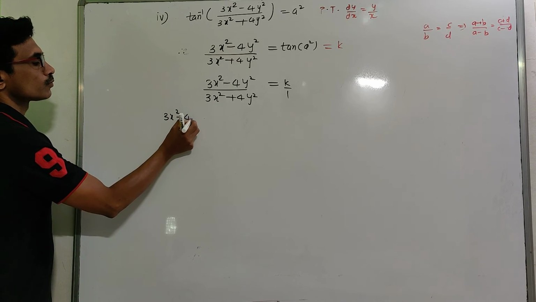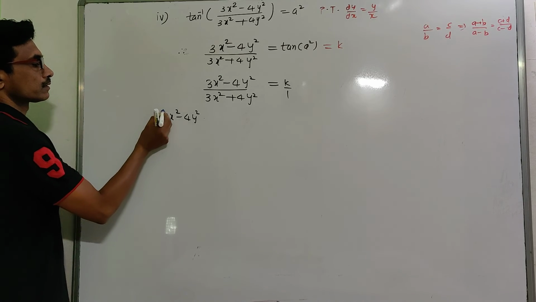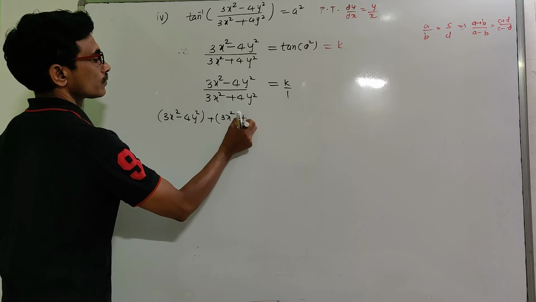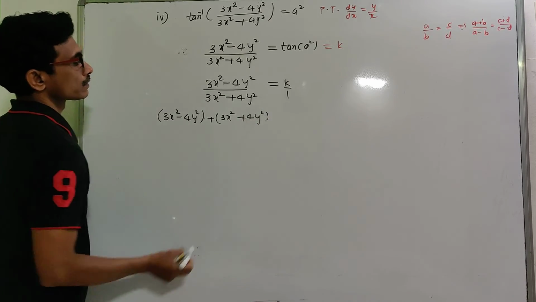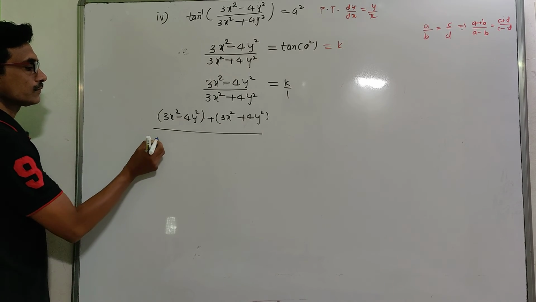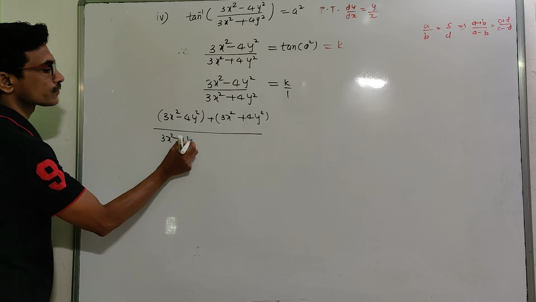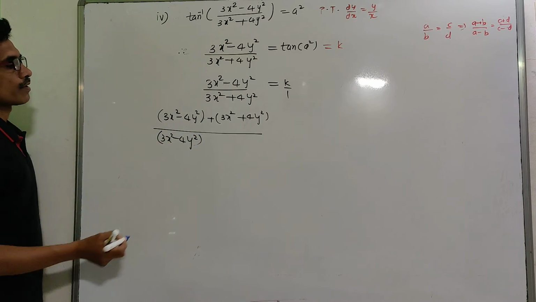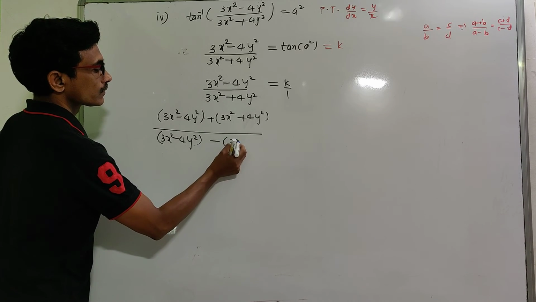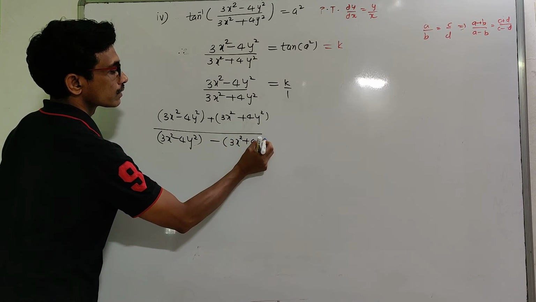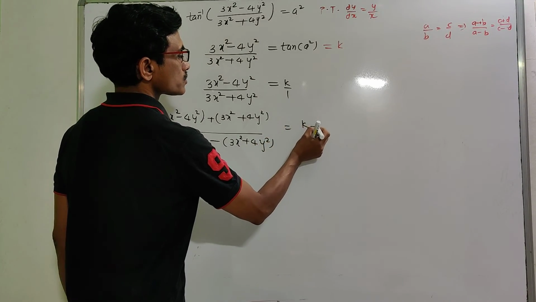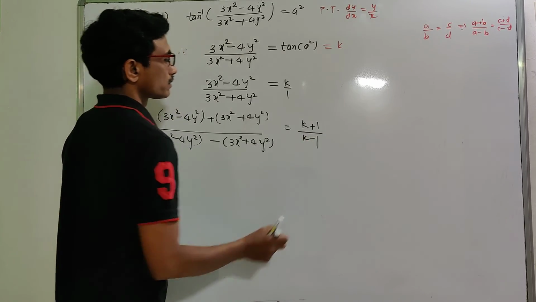So a + b is 3x^2 - 4y^2 + 3x^2 + 4y^2, and a - b is 3x^2 - 4y^2 minus (3x^2 + 4y^2). See, the right hand side is (k + 1)/(k - 1).